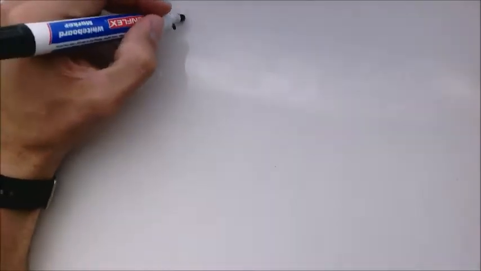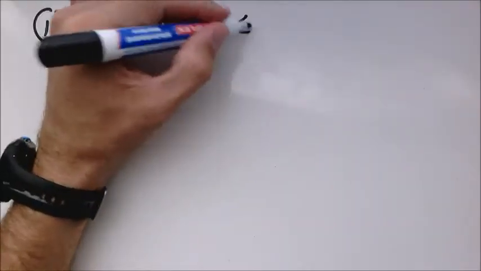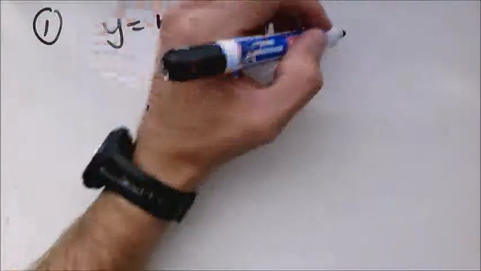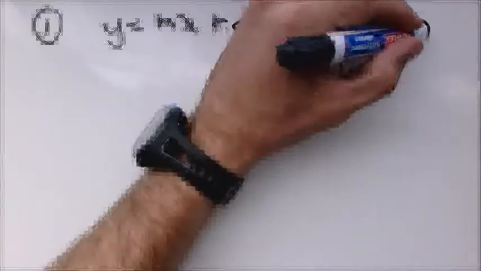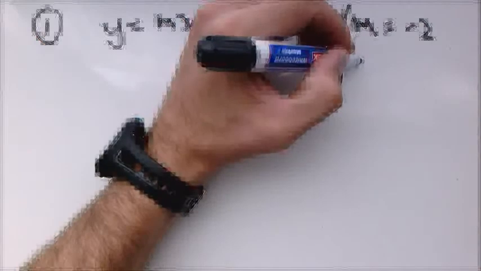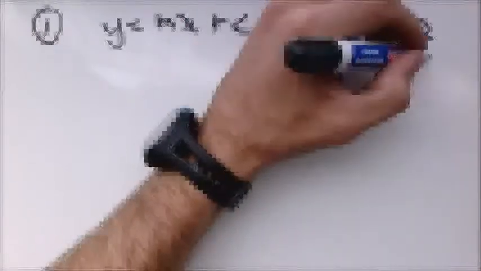So the first scenario and the easiest scenario is just, for instance, determine the equation of the line where the gradient is -2 and the y-intercept is 5. So now all we need to do is to substitute. So the gradient is given as -2 and the y-intercept is given as 5.